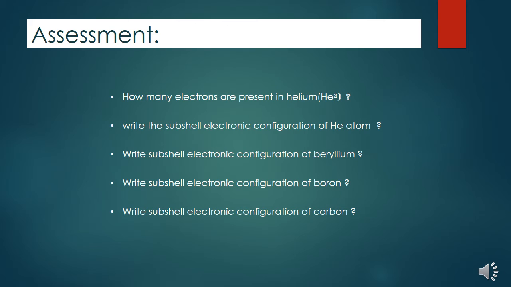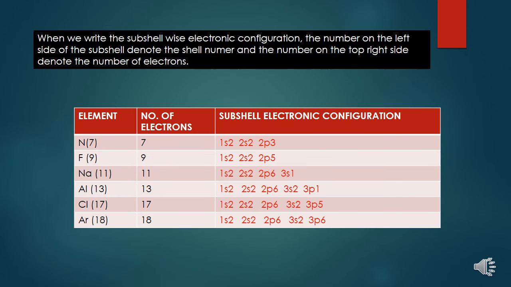I'll give you some hints. For beryllium, boron and carbon, the atomic numbers are 4, 5, 6 respectively. When we write the subshell-wise electronic configuration, the number on the left side of the subshell denotes the shell number, and the number on the top right denotes the number of electrons. For example, look at the table.